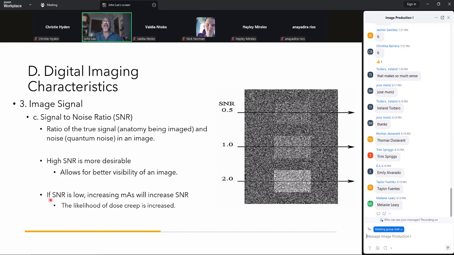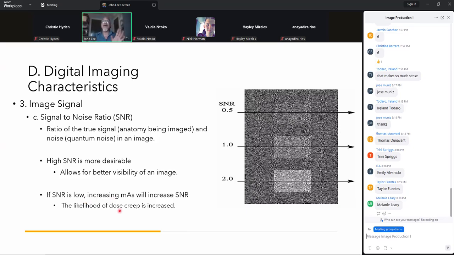This says that if the signal to noise ratio is low, you can use your mAs to increase the signal to noise ratio and remove that image noise. That's one of the reasons why, if it's grainy, that's quantum mottle. There's more noise there than there is radiation signal. So all you have to do is put more radiation to it.